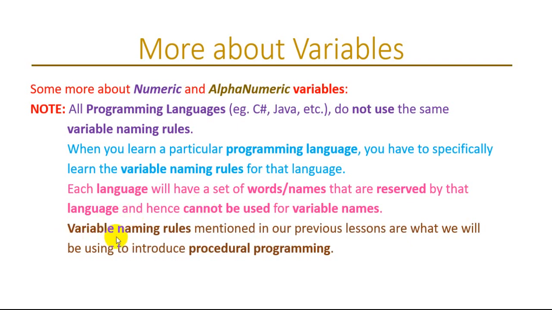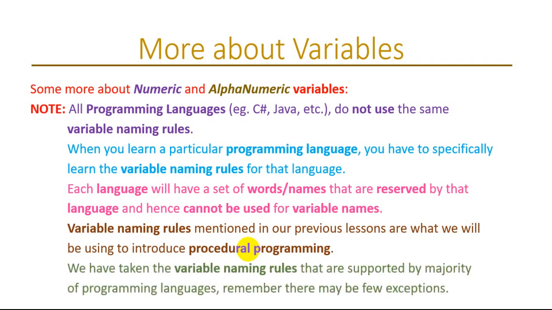The variable naming rules we mentioned in our previous lesson are only to introduce you to procedural programming. This is a set of rules saying, this is what we are going to use for understanding procedural programming, and this is how we are going to name the variables. I have given you a set of rules, and this is exactly what you need to follow. Now, this rule is not a random thing. The majority of languages support these rules.